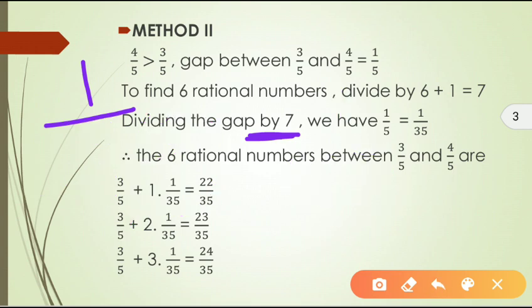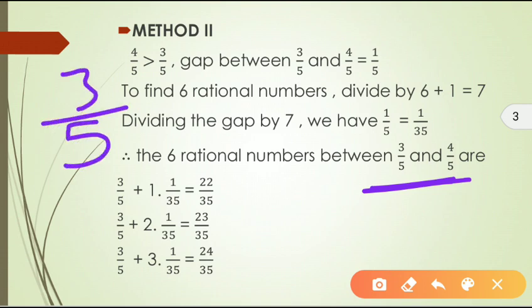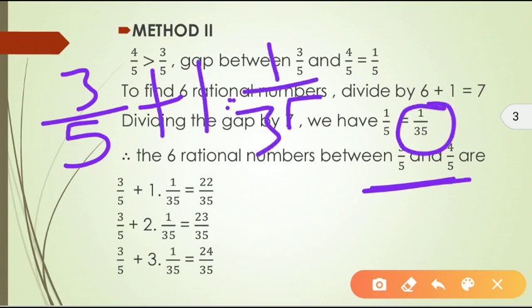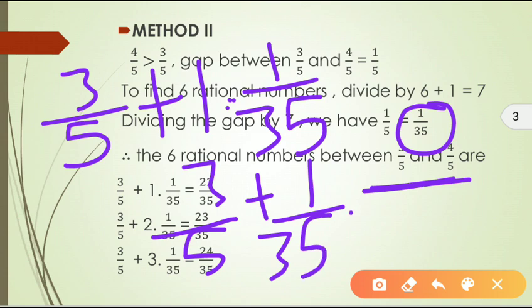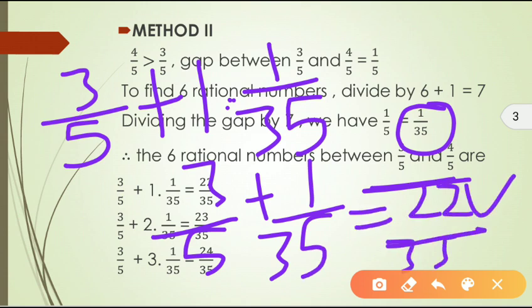Now how will you find the 6 rational numbers between these? What is the first rational number? 3 by 5. So write 3 by 5 and then add 1 into 1 upon 35. When you multiply this, you get 1 upon 35, and when you add this, you will get 22 upon 35. So this is the first rational number.